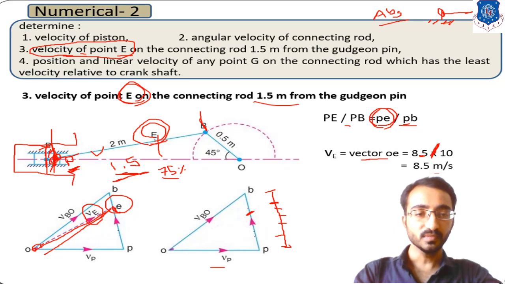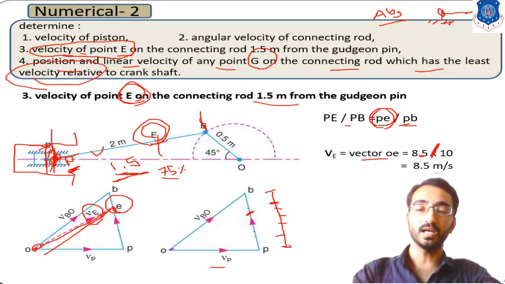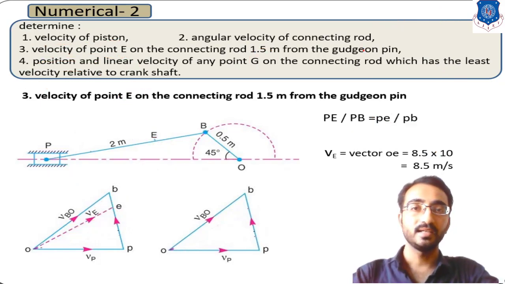Now in the next part we have to calculate the position and linear velocity of point G on the connecting rod which has the least velocity. Least velocity means minimum velocity.